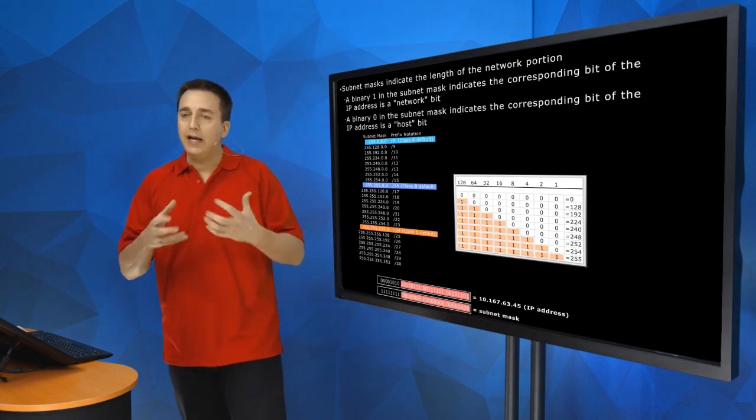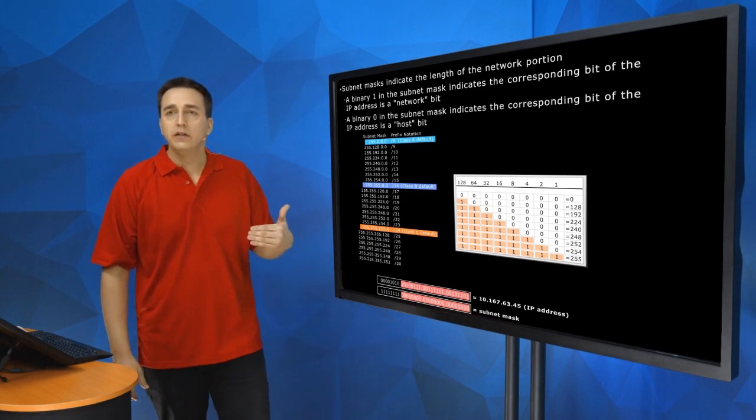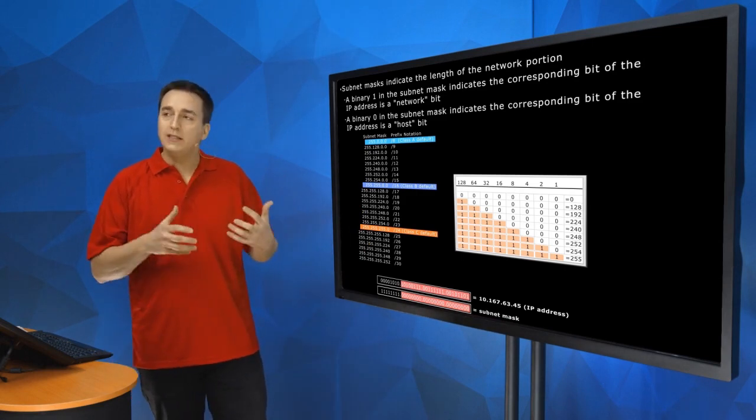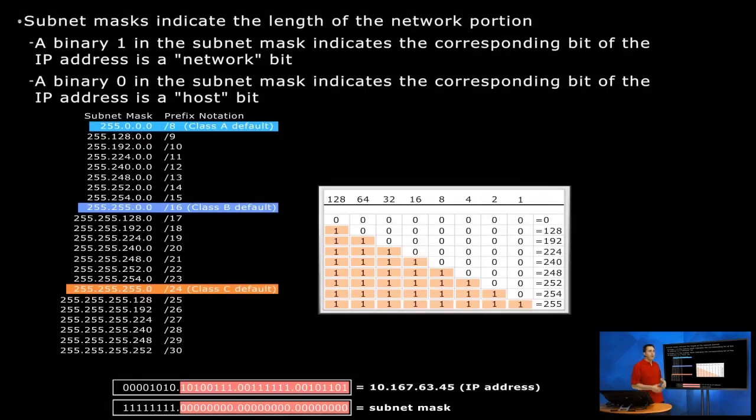So when we take our subnet mask and we analyze it in binary, we end up with ones and zeros. On the left-hand side here, you can see all these dotted decimal notations of subnet masks. But if you convert those to binary, the binary values have a very specific meaning.